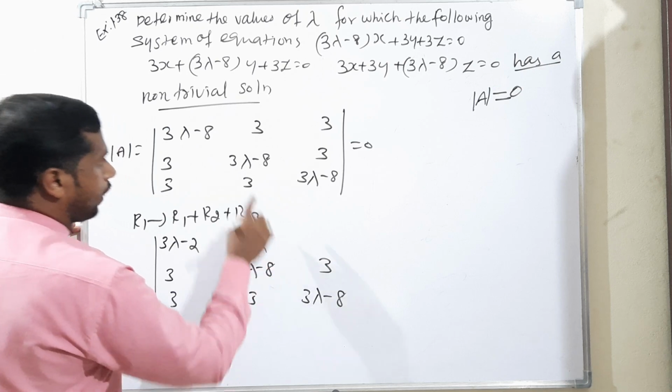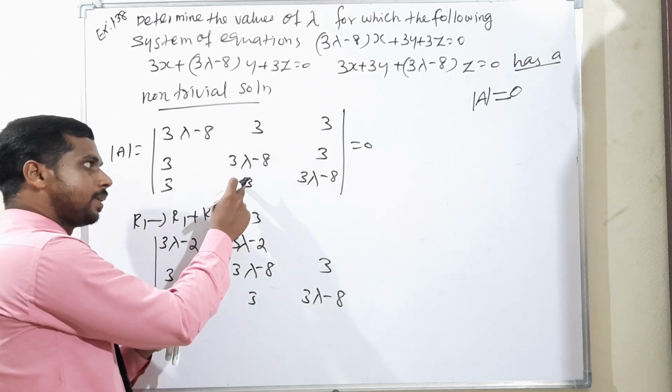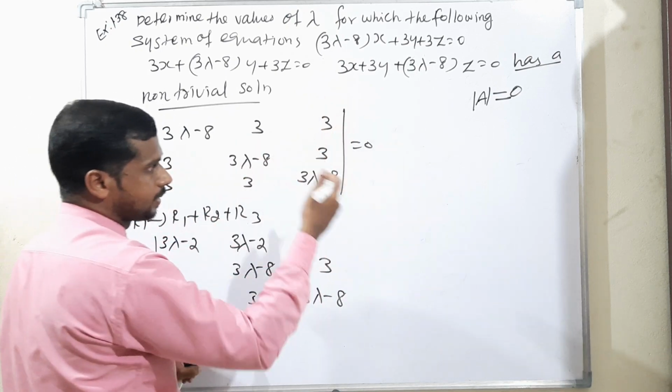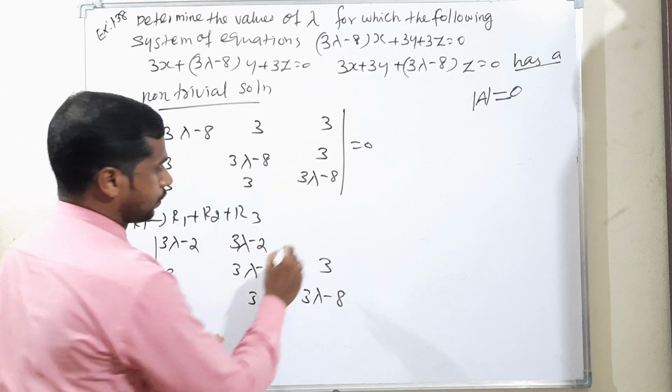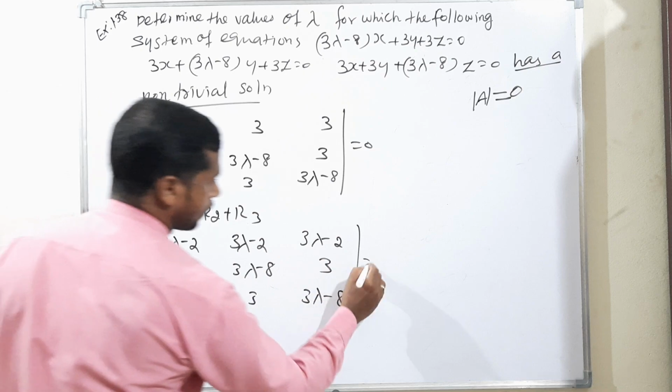Here also 3 lambda minus 2. How? Look at R1 plus R2 plus R3 again: 3 plus 3, 6, 6 minus 8, minus 2, so 3 lambda minus 2. Here also 3 plus 3, 6, 6 minus 8, minus 2, so 3 lambda minus 2. This is equal to 0.